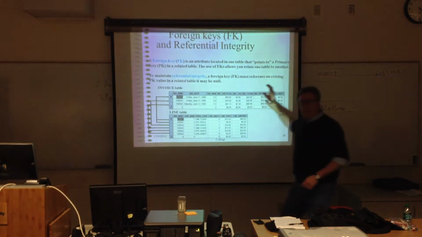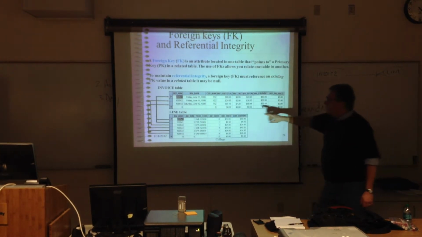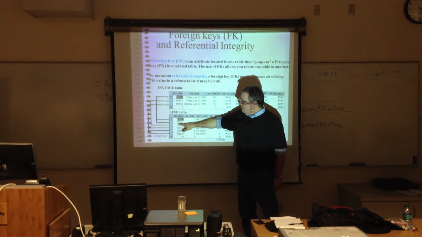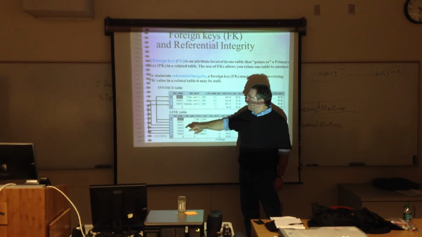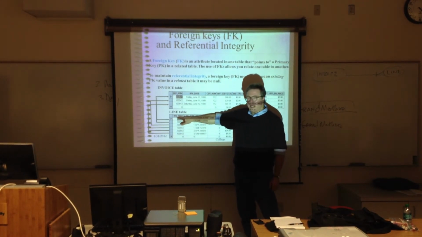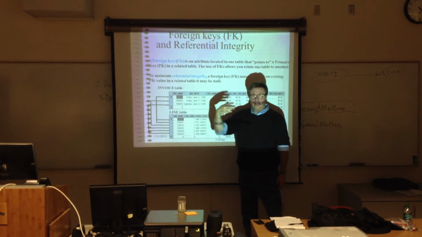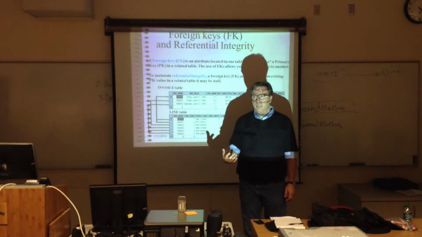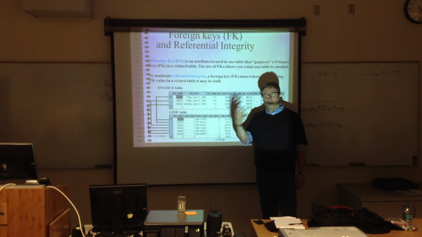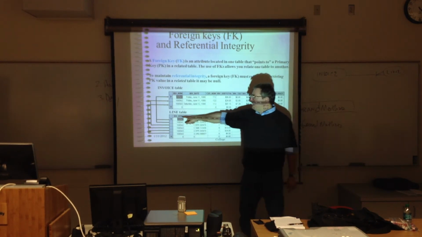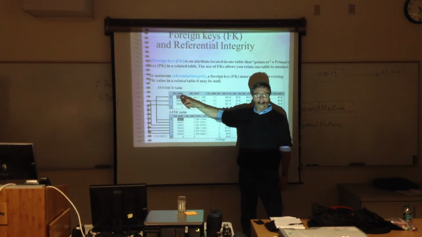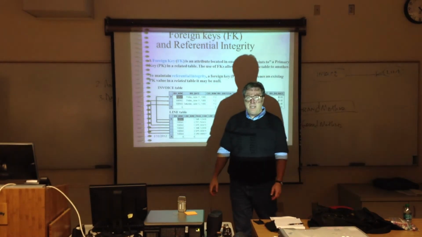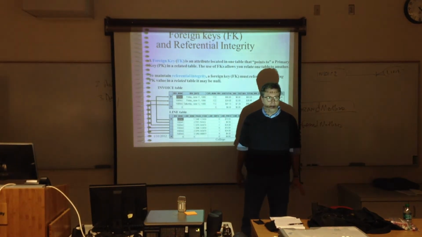How do they implement this relationship? They use this foreign key. Notice that the foreign key column has the same name here. I know there are some inconsistencies in our materials, but the thing I'd like you to know going forward is that this should be the same name as this. It doesn't have to be. Almost every database engine will let you name things in all sorts of crazy ways.